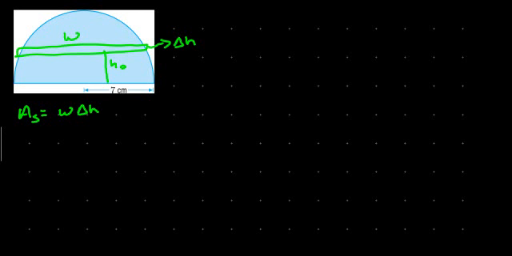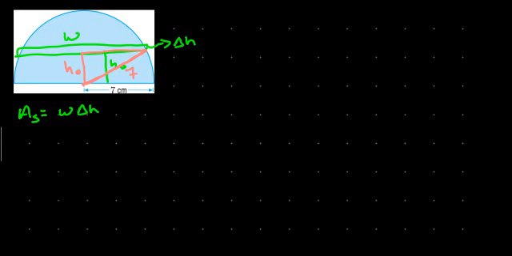So let's go in red here. Let's get right here at the center of the circle, and we want to make a triangle here. Okay, there's my triangle. Now, I know this is a radius of the circle, so I know that's 7. I know this is my h0, right?